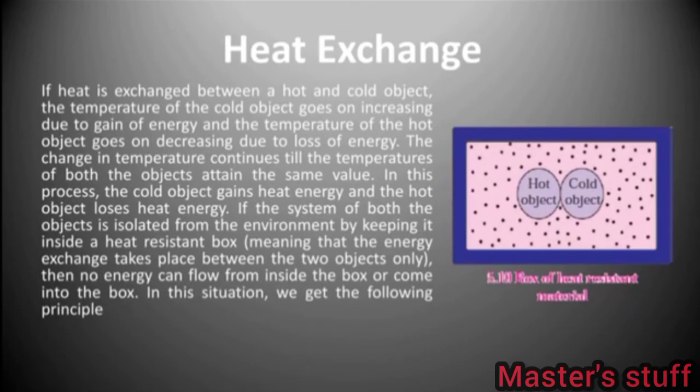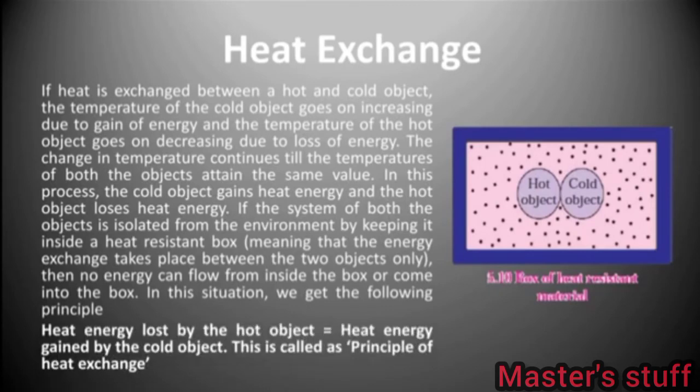In this situation, we get the following principle. Heat energy lost by the hot object is equal to heat energy gained by the cold object. This is called the principle of heat exchange.